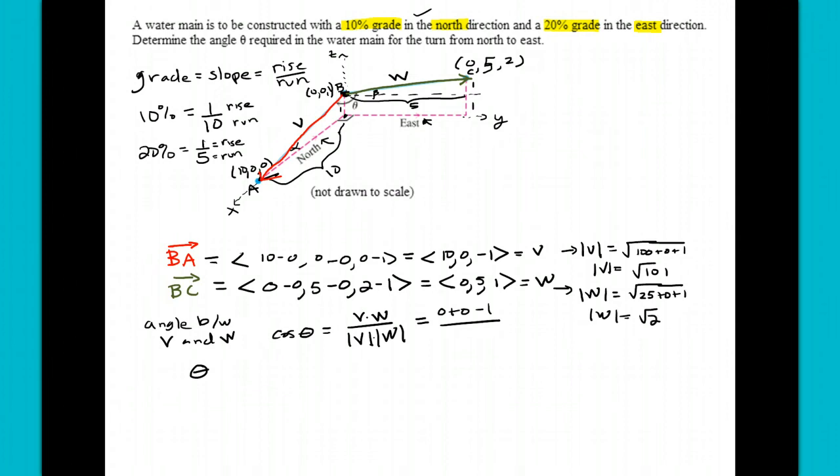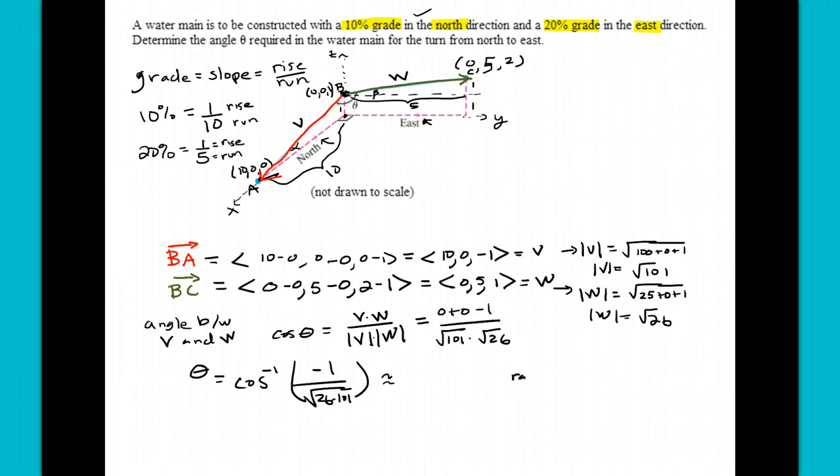Alright, great. So we have the square root of 101, the square root of 26, and now we know what the cosine of theta is. So theta will be the cosine inverse of -1 over the square root of 26 times 101. You don't have to do it here, but take 26 times 101, throw that underneath a root, and go to the calculator.